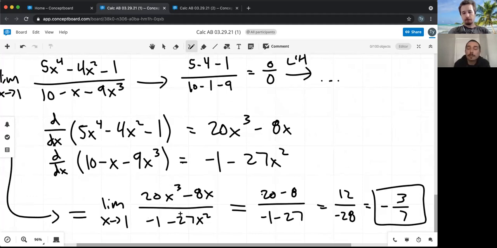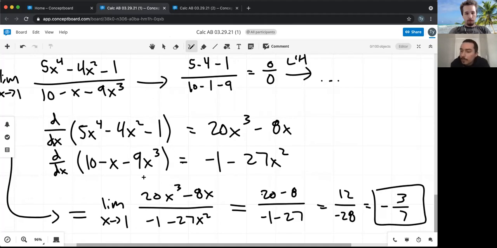And then we just did a direct evaluation again and got a number. So we don't need to do anything else. We are done. If we get an exponent, we can use a log, so we'll go over one of those in a minute.